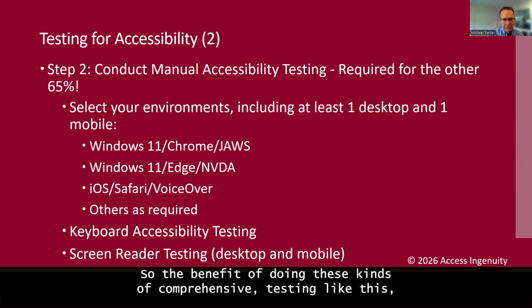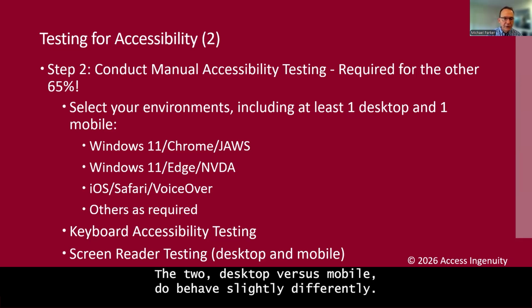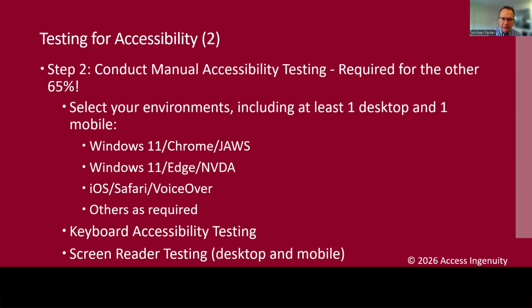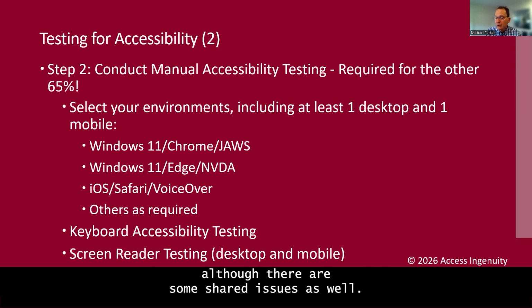So the benefit of doing this kind of comprehensive testing, looking at least one desktop and one mobile environment, is that you're looking at the responsiveness of the site. The two, desktop versus mobile, do behave slightly differently. And so you'll pick up on a lot of the different issues that might be present, although there are some shared issues as well.